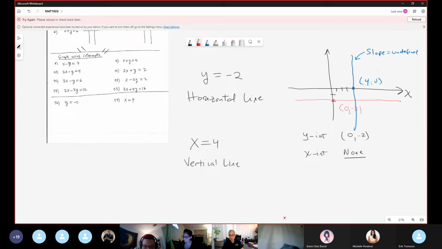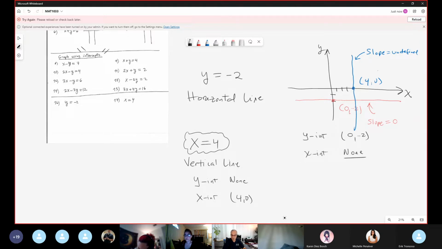However, the horizontal is slope 0. Now, again talking about intercepts, the y-intercept for this vertical line does not exist, because it is parallel to the y-axis and never crosses it. However, the x-intercept yes, is the famous point (4, 0). It's exactly what the equation indicates, no? X equals 4. Make sense?